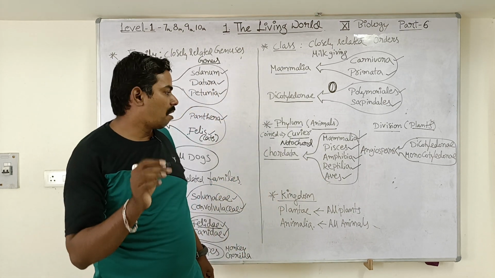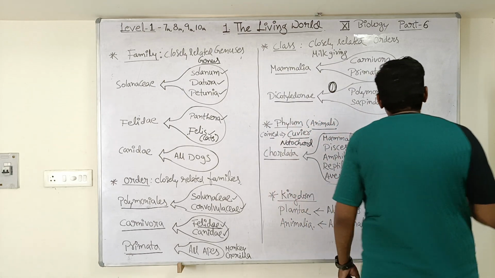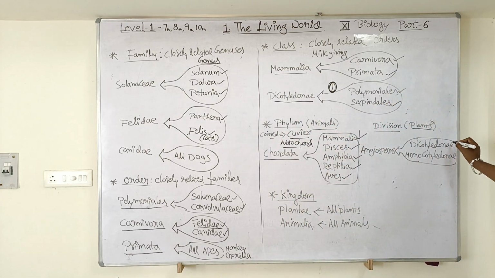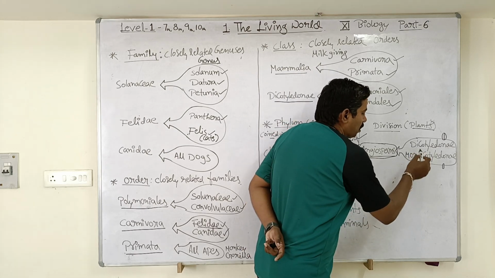Next, coming to the plants, Dicotyledonae is a class which has two cotyledons in the seed. Monocotyledonae is a class which has only one cotyledon in the seed. Both these plants have one common character. What is common in dicots and monocots?